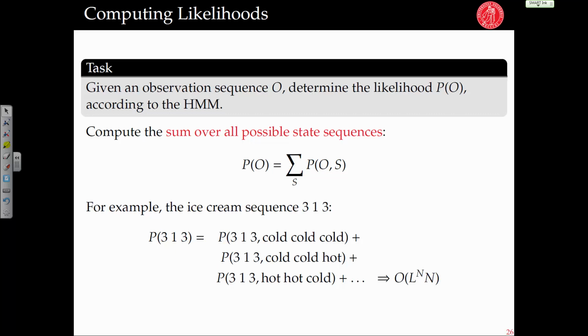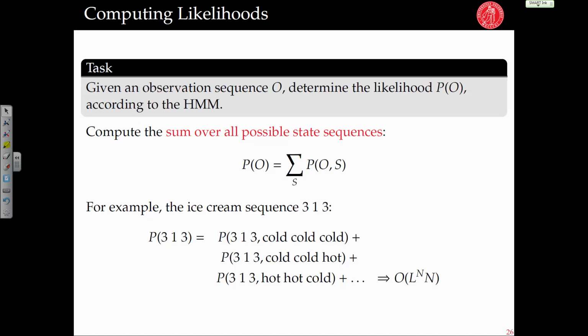If you think about the ice cream global warming problem again, you can list out all possible solutions, compute their joint probabilities, and then sum those values to find the probability of the observation sequence 313. Again, this problem cannot be solved in a brute force manner.